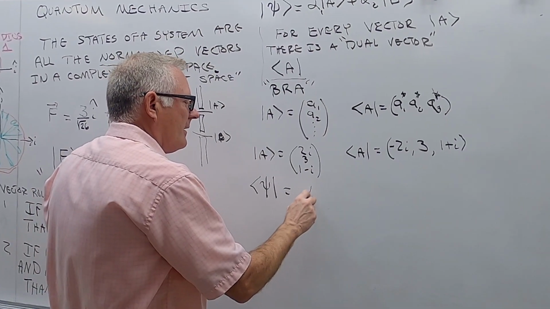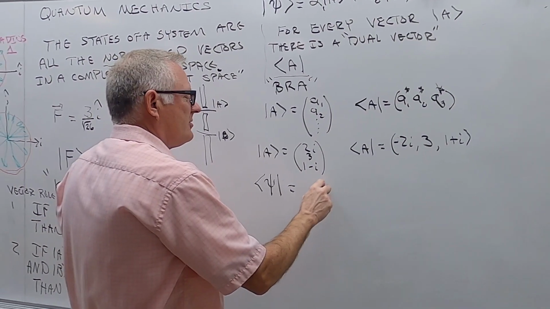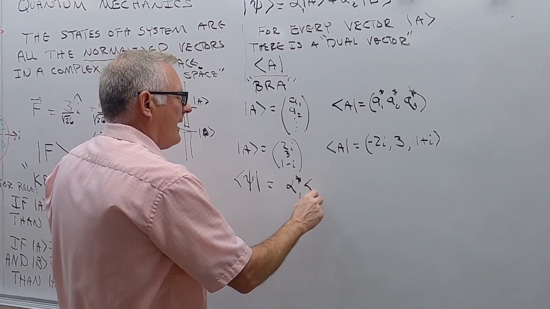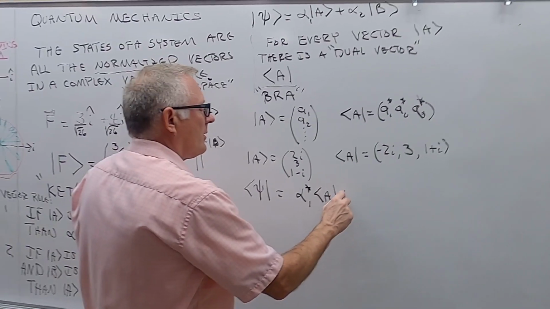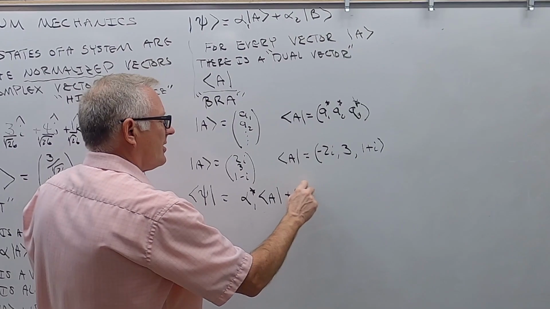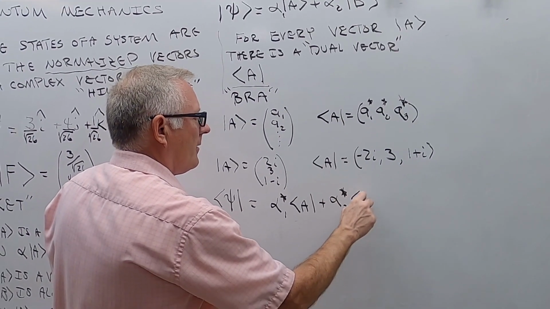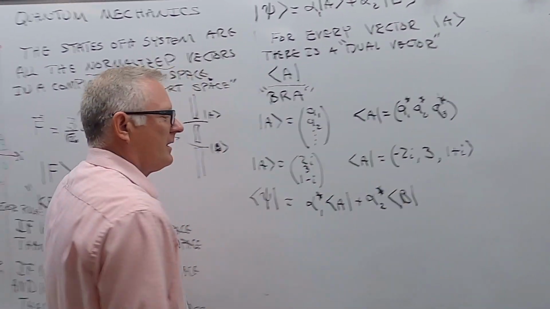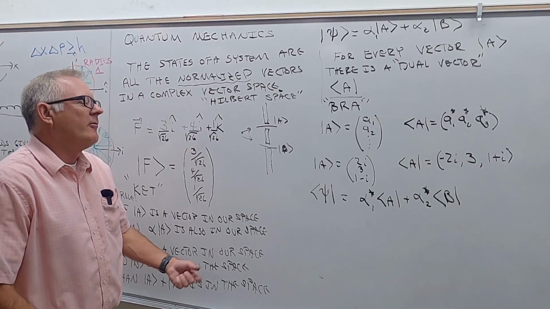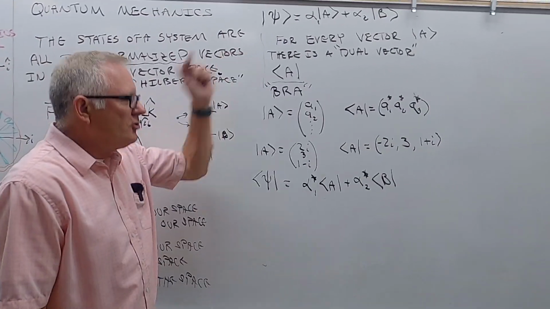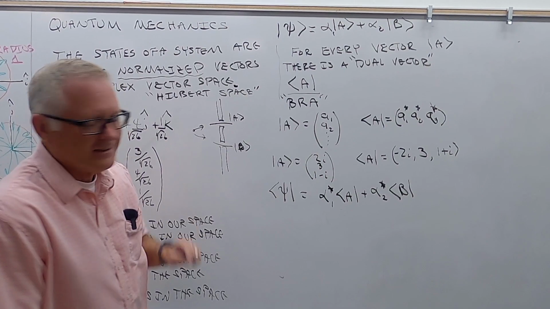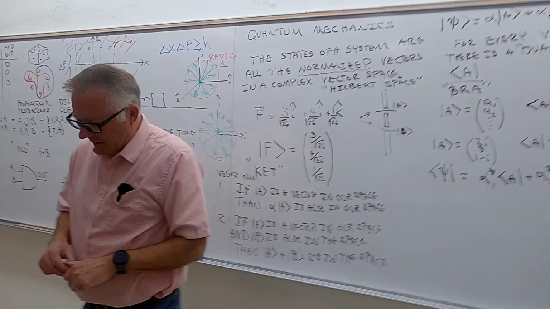So it'd be alpha 1 star bra A plus alpha 2 star bra B. So that's how you turn any vector into its dual vector. So that would turn this into its dual vector.